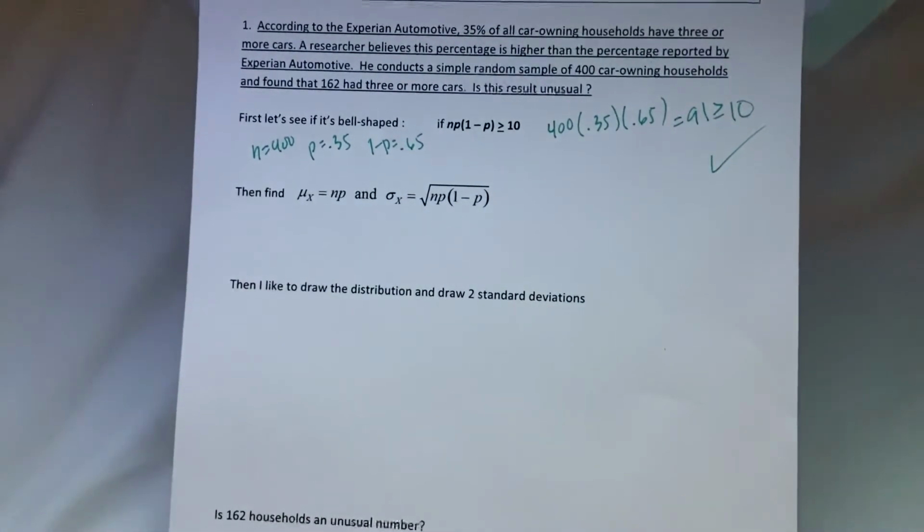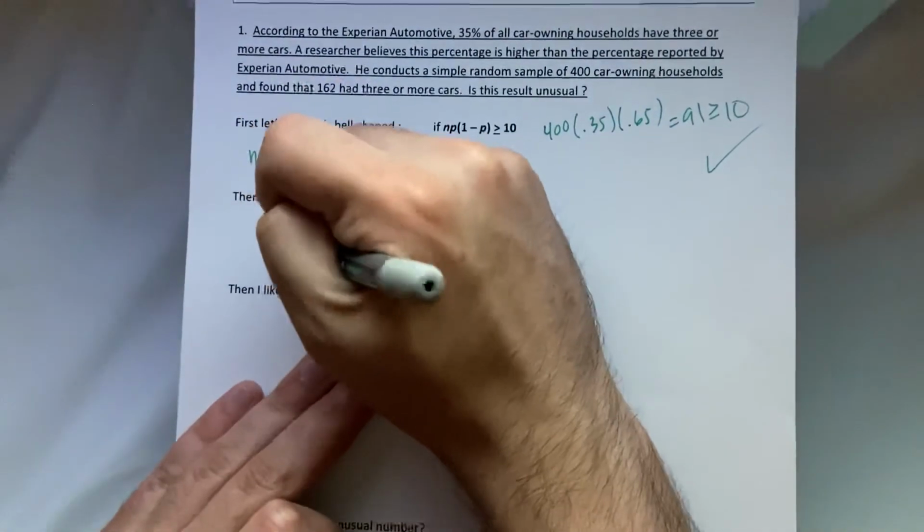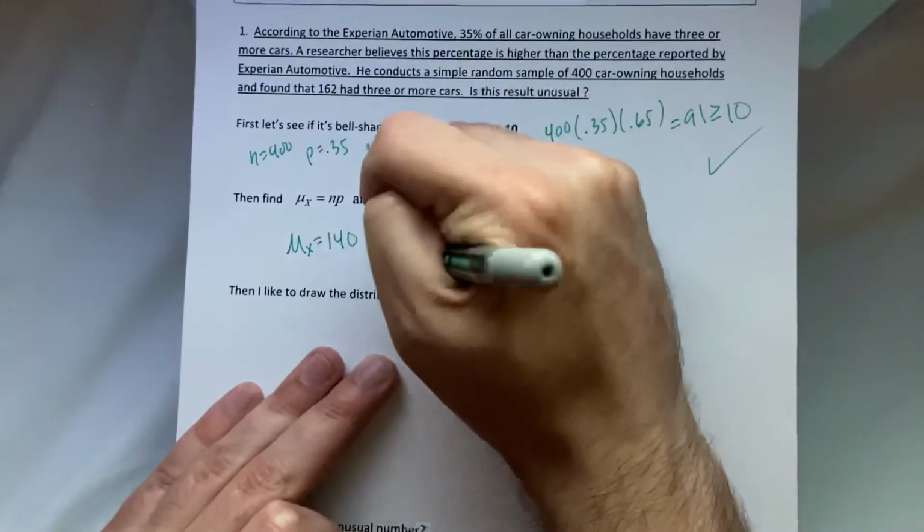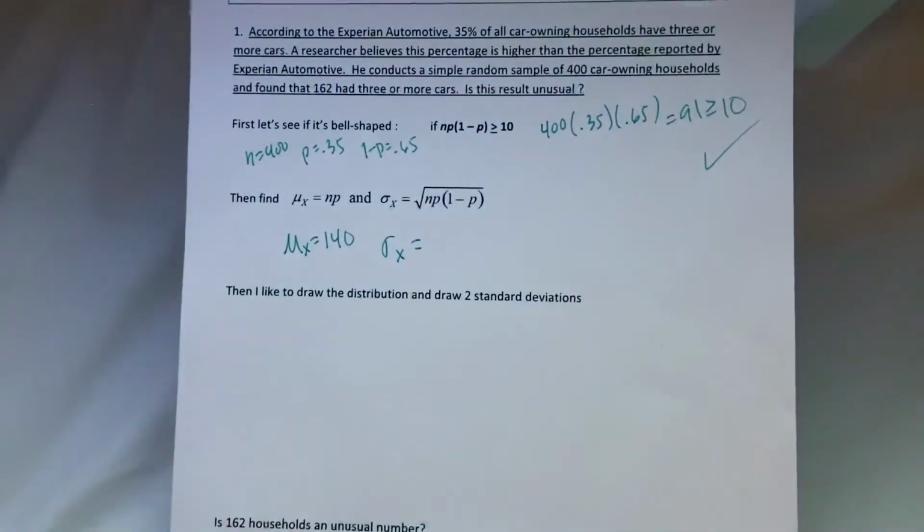It's going to be bell-shaped. It says find mu of x and standard deviation of x. We did this on a previous problem. If you go back 2 pages, we found the mean to be 140, and the standard deviation of x was 9.54.